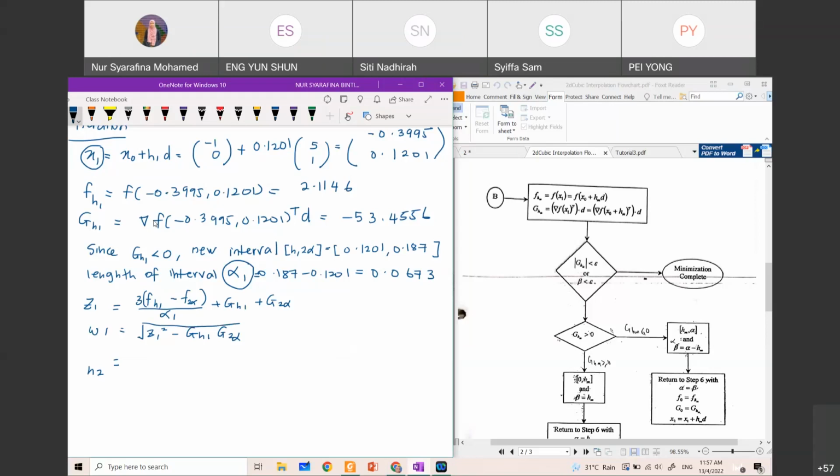Then for H2, we have H1 plus alpha 1 times the quantity G2 alpha plus W1 minus GH1 over G2 alpha minus GH1 plus 2Z1. Alright, so you need to find what is your G2 alpha and F2 alpha here. Same process as the previous one. So here we have minus 110. After this, you can try.